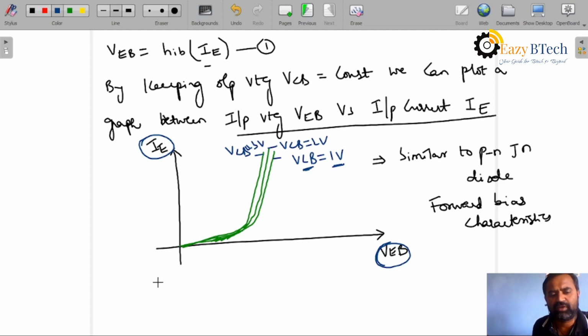Suppose if you want to find the input impedance HIB, you can take any point. This is one point and this is another point.